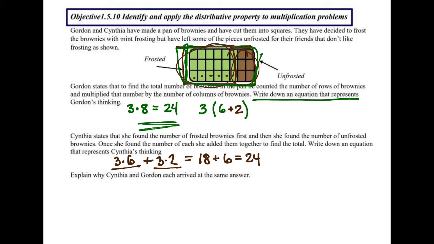Okay, so his is 3 times 8, which then is 24. Okay, so if you look at, she did 3 times 6, and then 3 times 2. Okay, that's called the distributive property when you look at them differently like that, and I'll explain it here on the next page.